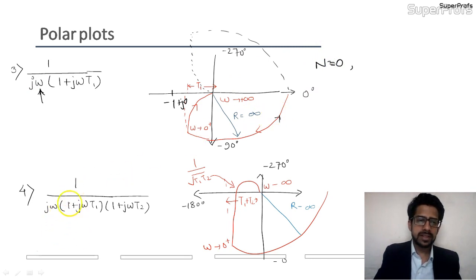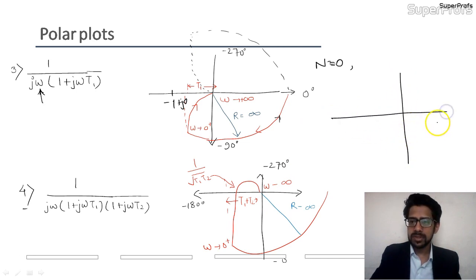We have a function number 4. Here, this particular function may or may not cover the encirclement or cover the -1 plus j0 point. If we try to draw the mirror image of this particular function, it looks like this.